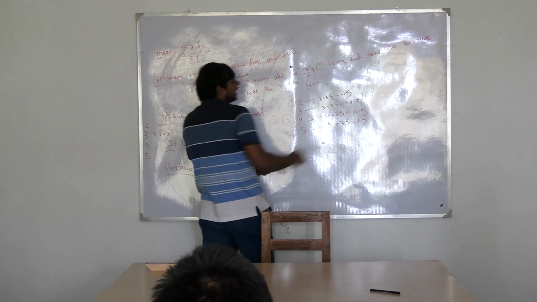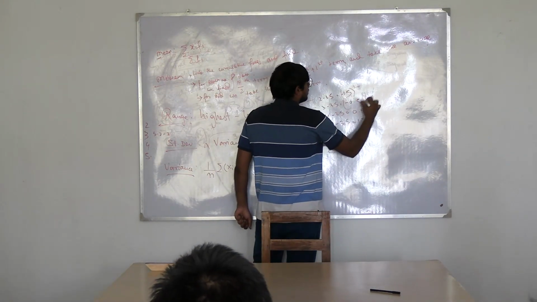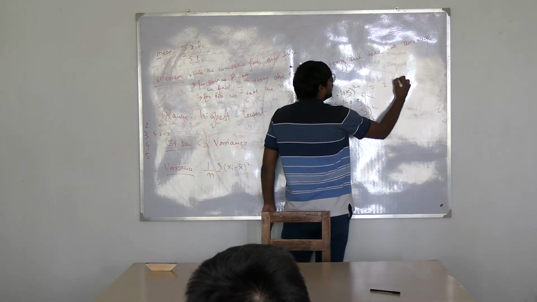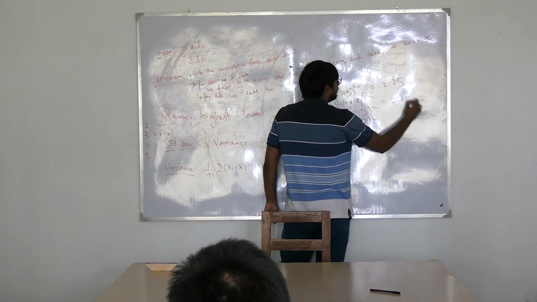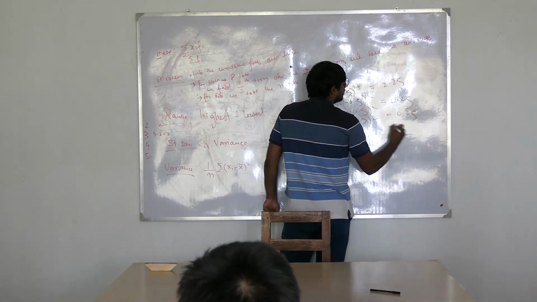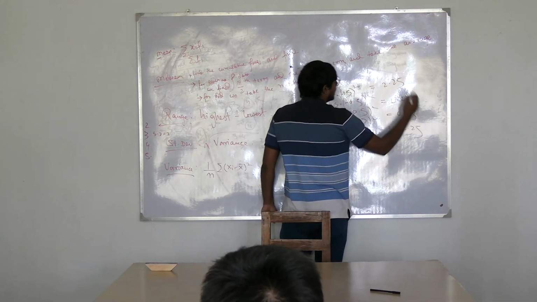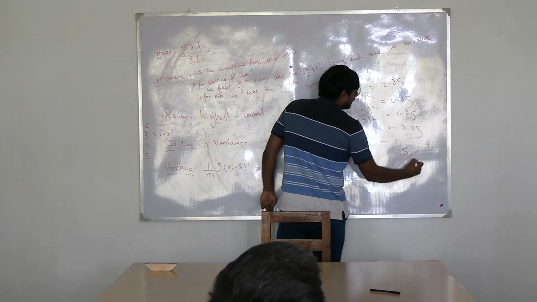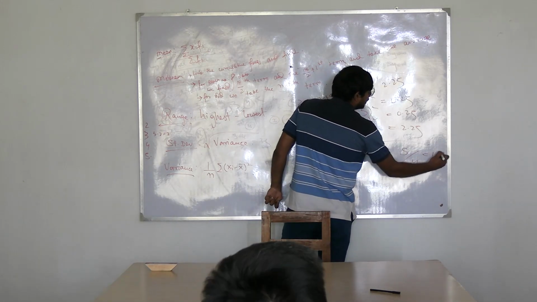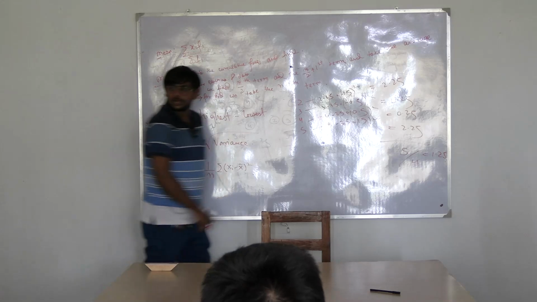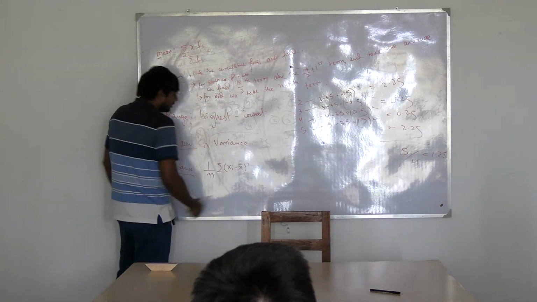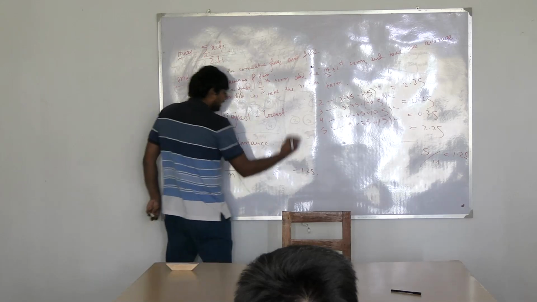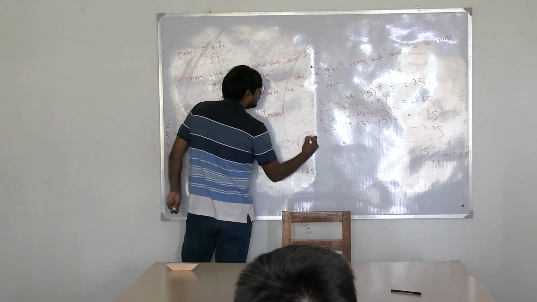And then we take the squares: 2.25, 0.25, 0.25, 2.25. What does it add up to? 4.5 and 0.5, so 5. 5 divided by 4 is 1.25. Correct? So the variance here would be 1.25 and the SD would be root over 1.25.